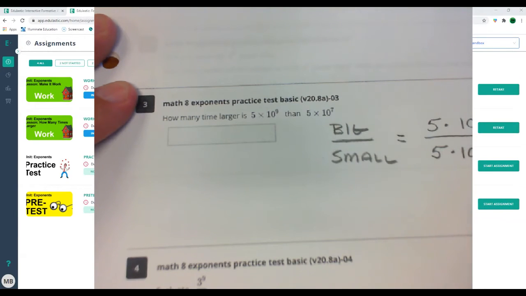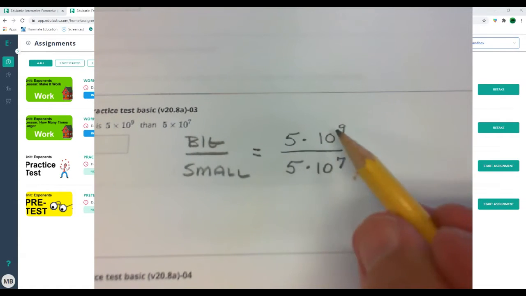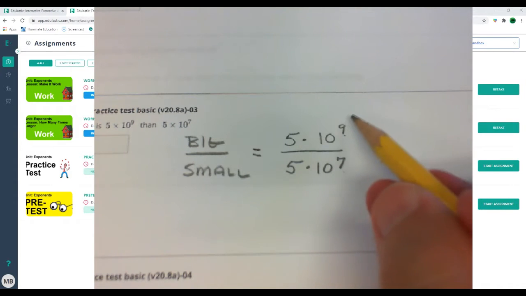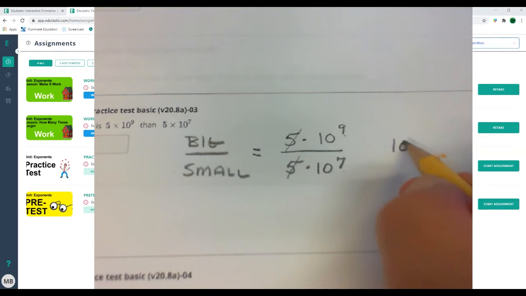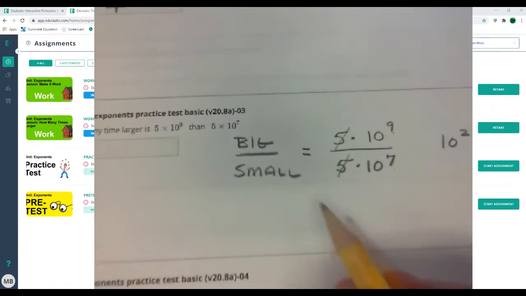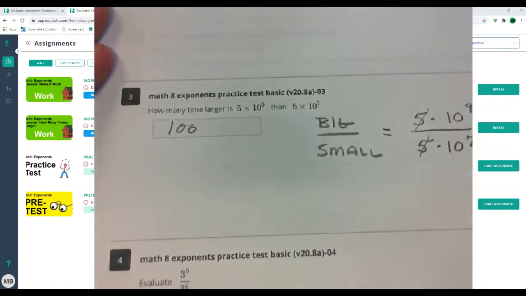Now I could expand out all these 10s if I wanted to, right? So 5 times 10 times 10 times 10, but I know there are 9 10s on top, 7 on the bottom, which means there are 2 extra on top. The 5s will cancel, and I'll be left with 10 squared. And 10 squared is 100. I could expand this out and cancel everything to 100.